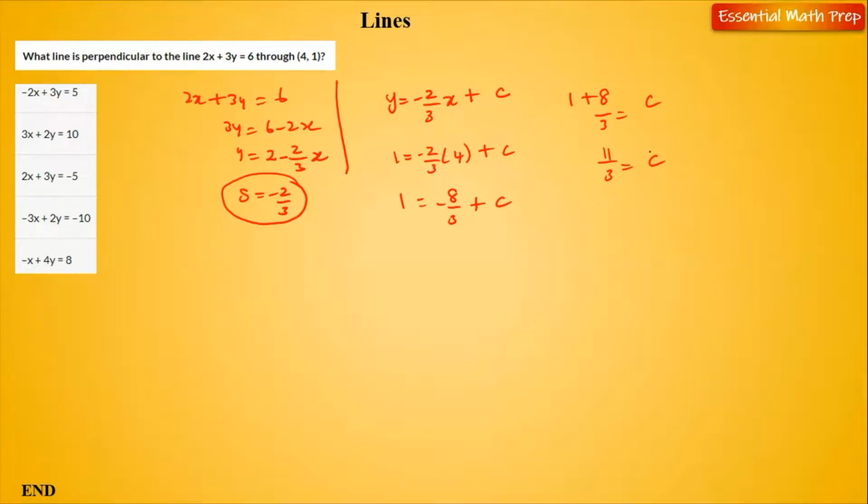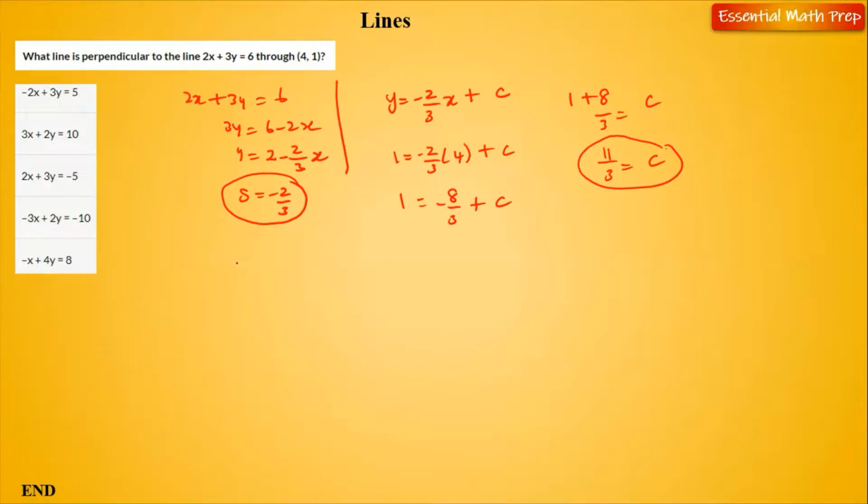Let's continue and see if you got it right. Let's actually do something else as well. Let's see which of these equations would give us a negative slope of 2/3. Let's see if that'll alleviate the problem.